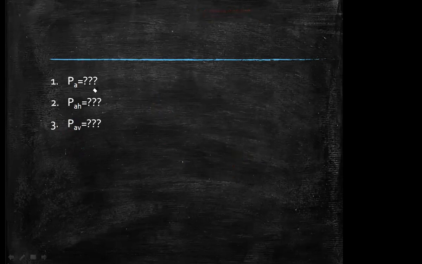Can anyone tell me what is the formula for PA according to Coulomb's theory?